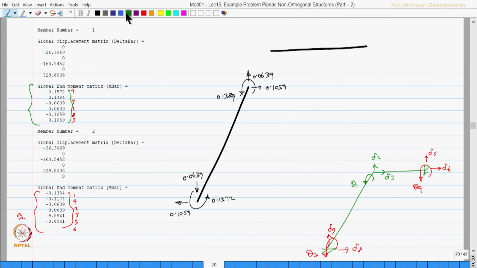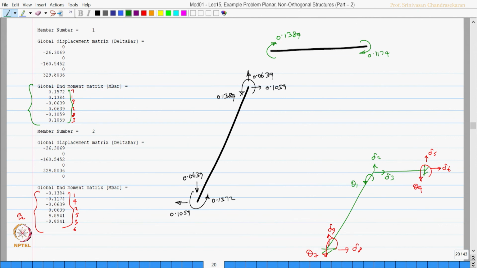For member 2 the labels are 1, which is minus, so it is going to be clockwise, 0.1384. Then 2 is also negative, so clockwise, 0.1174.